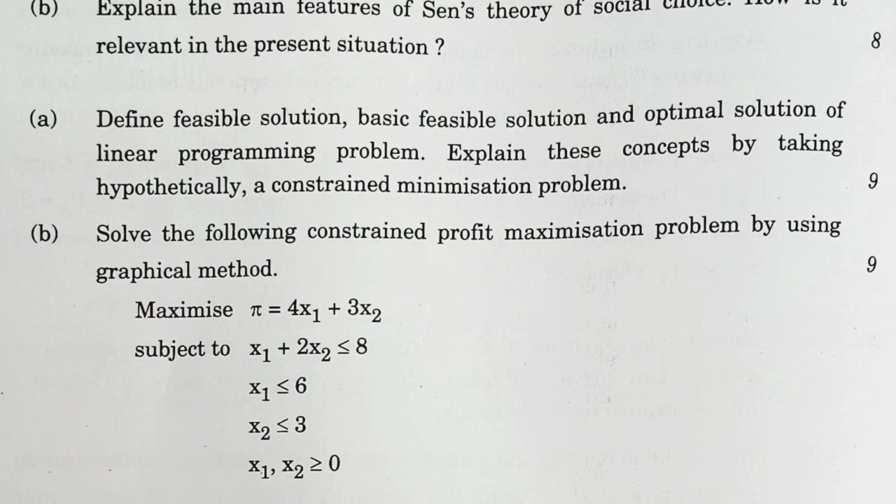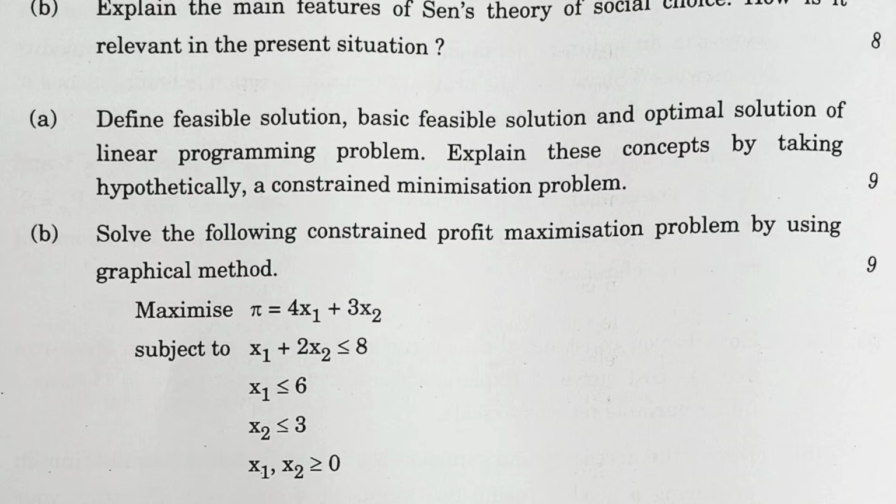A basic feasible solution is a feasible solution where the number of non-zero variables is limited to the number of constraints, and the variables corresponding to the constraints are linearly independent.